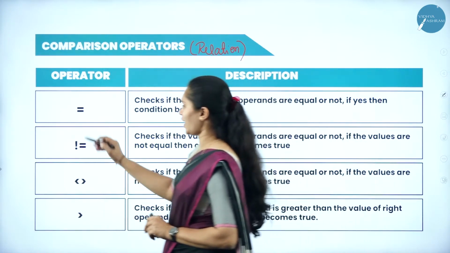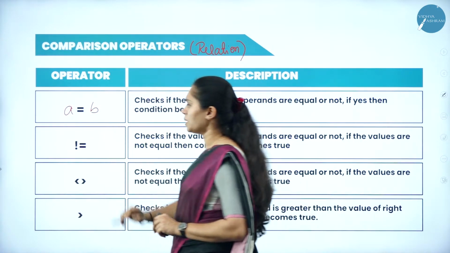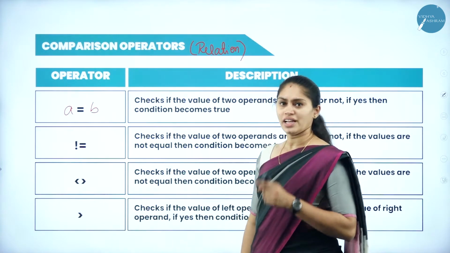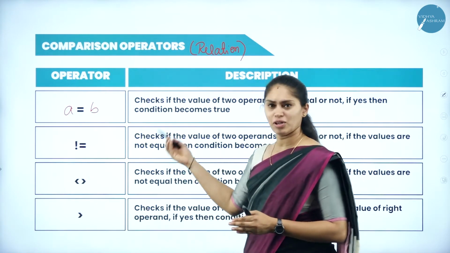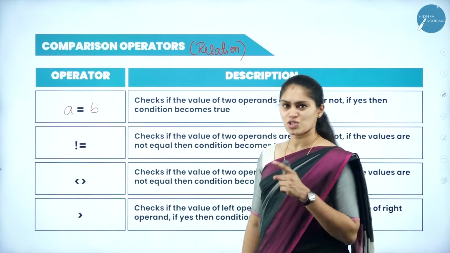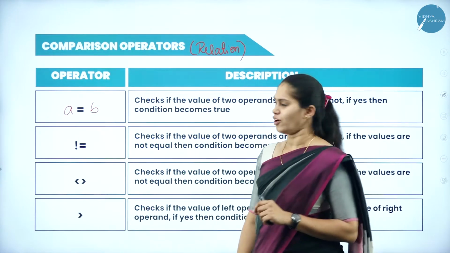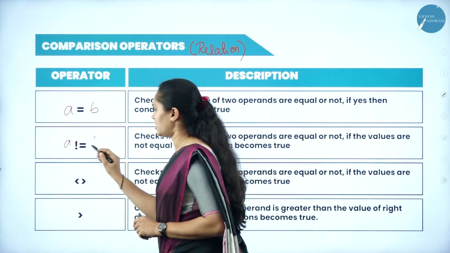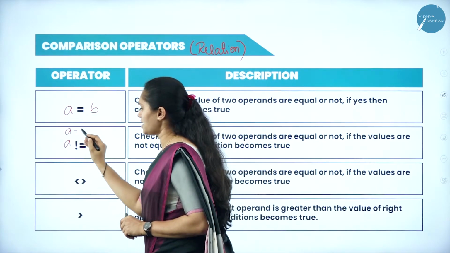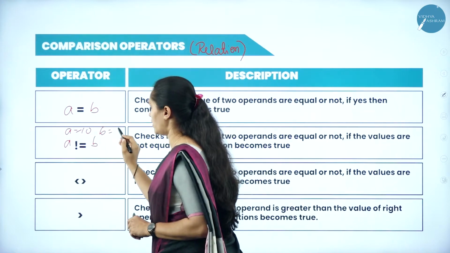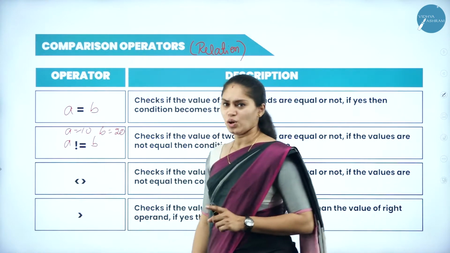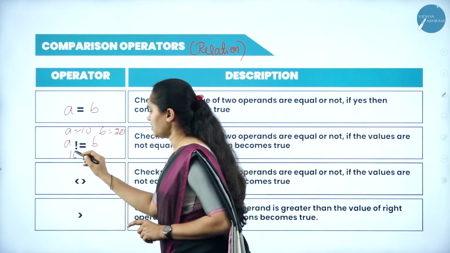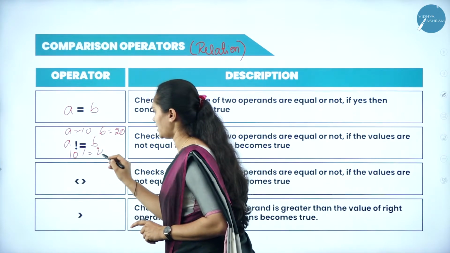That means we are checking whether A is equal to B. If A is equal to B, it will return true, otherwise it will return false. Then here is not equal to: A not equal to B. Consider A is equal to 10 and B is equal to 20.